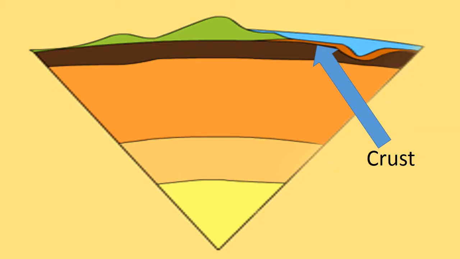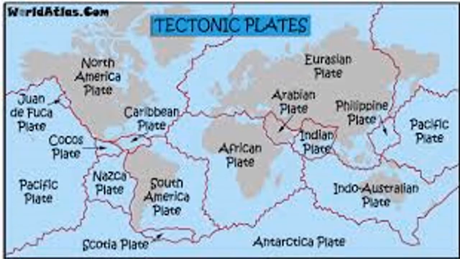The crust, which is the outermost layer of the earth, is broken into tectonic plates that move in relation to one another. Tectonic plates can be made up of oceanic crust, continental crust, or a combination of both.